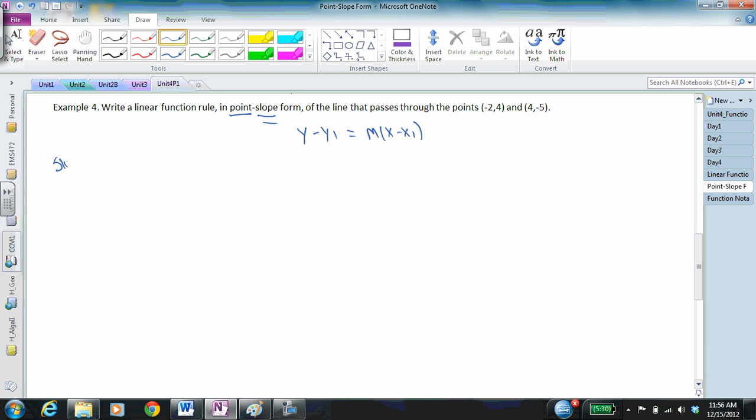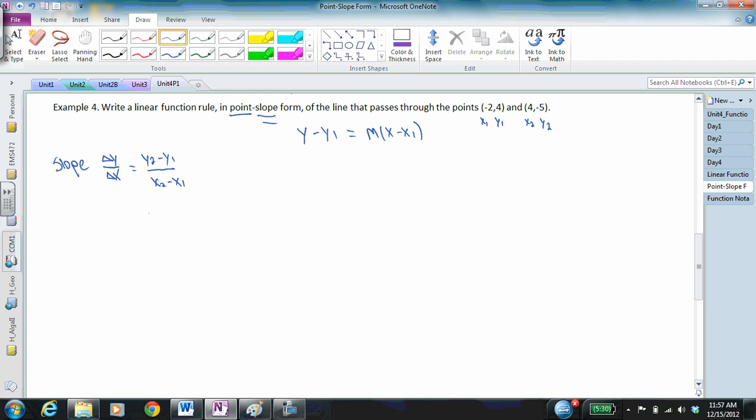So remember, slope is always change in y over change in x. But when we're given 2 points, that looks like y2 minus y1 over x2 minus x1. So let's call this x1, y1, because points are always x comma y, and x2, y2.